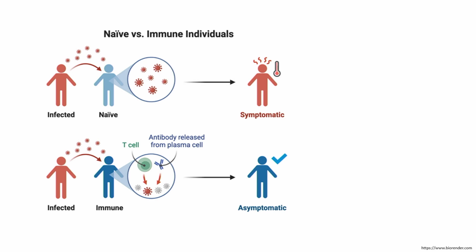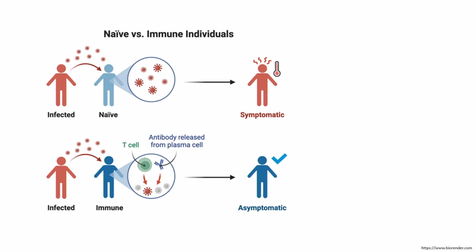So let's try to understand this again, a new concept which is called the naive and immune individual. Now the naive individuals are the individuals or the human beings who have not been exposed to any antigens in the past. So if there is no exposure to the antigen, there is no immune response against those antigens.